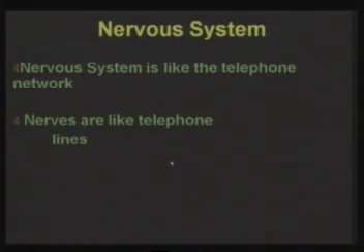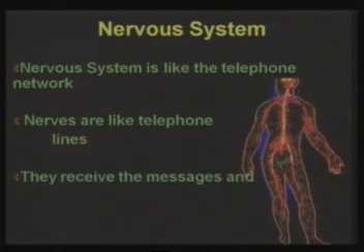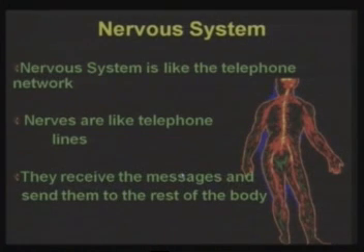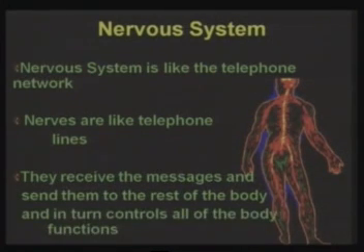The nerves are also like telephone lines, and in this diagram you can see a network of nerves which receive the messages and send them to the rest of the body and in turn control all of the body functions.